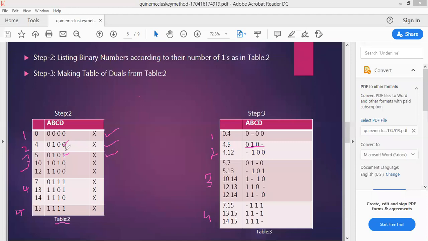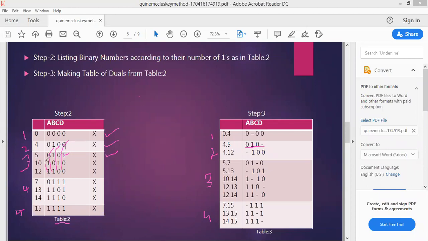Again, 4 is compared with 10. So there is nothing in common. There is more than one difference: this is the first difference, this is the second difference, and this is the third difference. So we cannot group 4 with 10. So we'll try 4 with 12. The first bit is 0 0, second is 0 0, and third is 1 1.